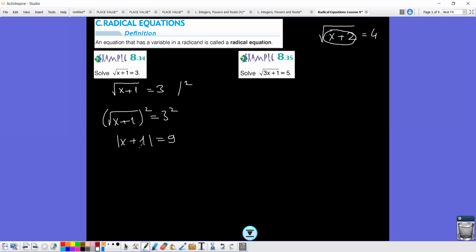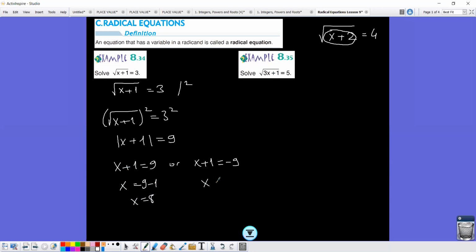Now, because we have an absolute value here, I will have two different solutions: x plus 1 equals 9, or x plus 1 equals minus 9. Am I right? So in the first one, x will be 9 minus 1, which is x equal to 8.